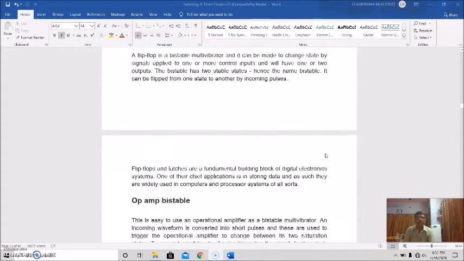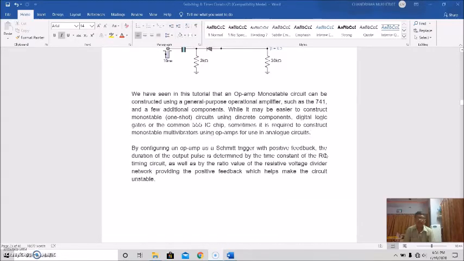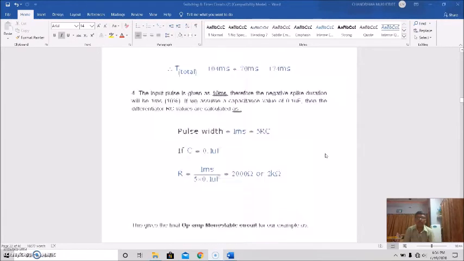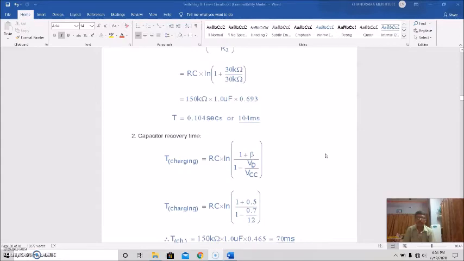So let me give a quick recapitulation of the overall discussion of multivibrators using op-amp.